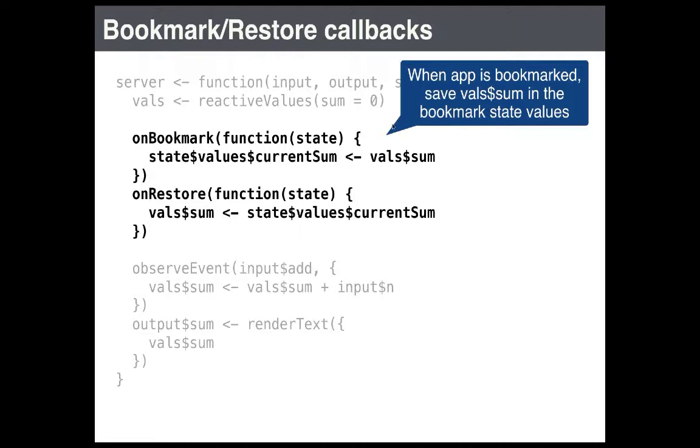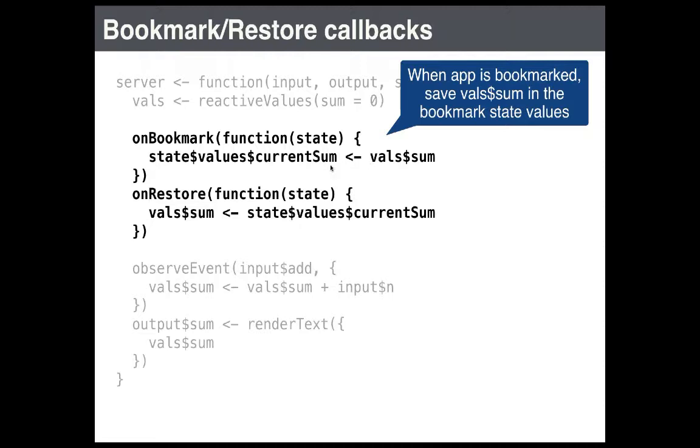It executes this when the user clicks the bookmark button, and it saves vals$sum into these state values. This state$values is essentially a list, and you can put arbitrary information in there. So state$values$current_sum, we're just saving the current sum in there.